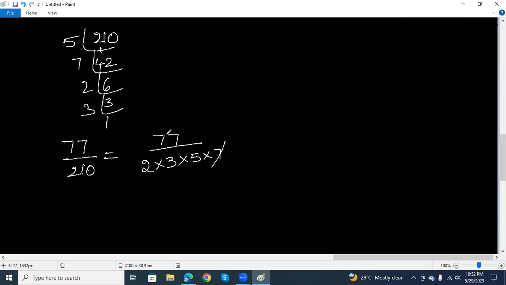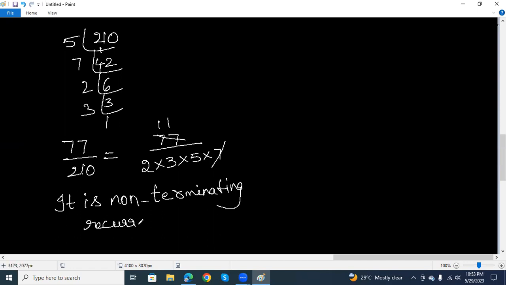Here we can cancel 7, 11 times. So 11 by 2 into 3 into 5. Along with 2 and 5, there is another prime factor 3. So it is a non-terminating recurring decimal.